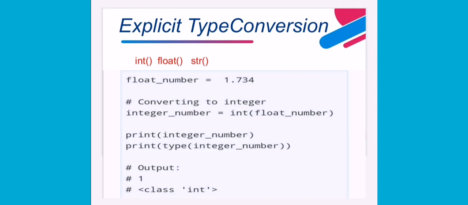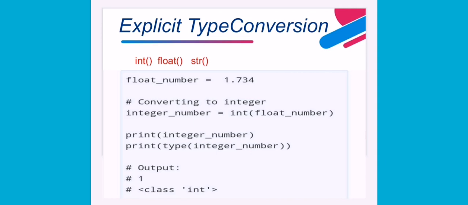Integer number equal to int, and I am passing the variable float number, because I want to convert this float number variable to integer. Now I'm writing a print statement, print integer number. It will give output 1, because it has already converted the floating point to integer using the int function.